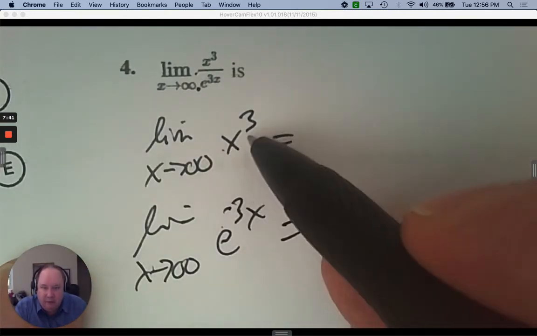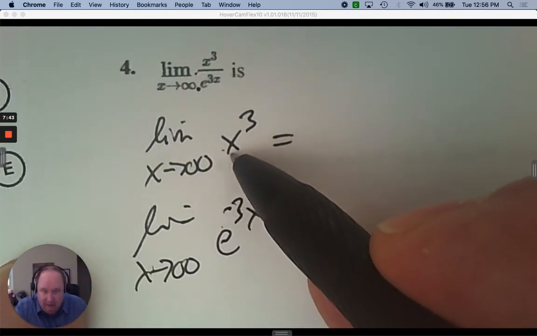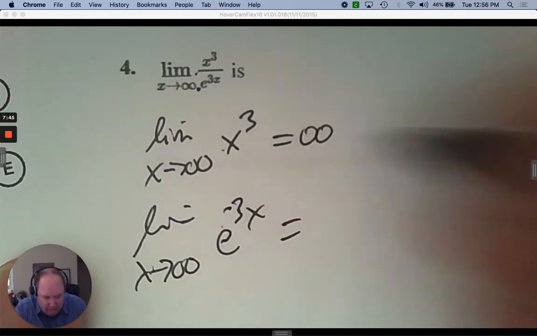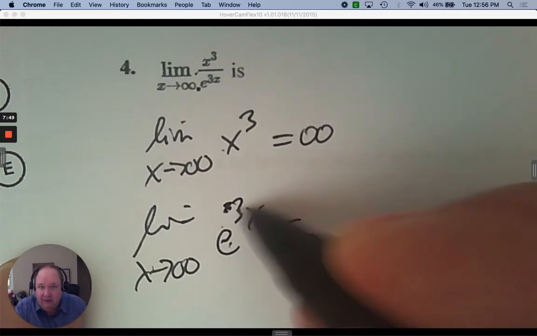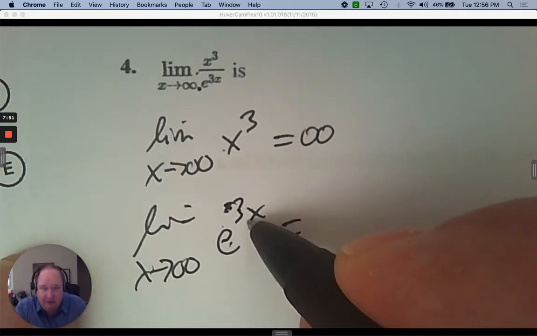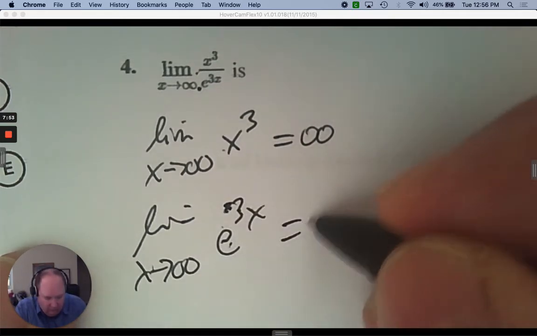So if I look at the numerator, as I plug in large numbers for x, this is going to infinity. If I look at e, that's not negative, that's just e to the 3x.